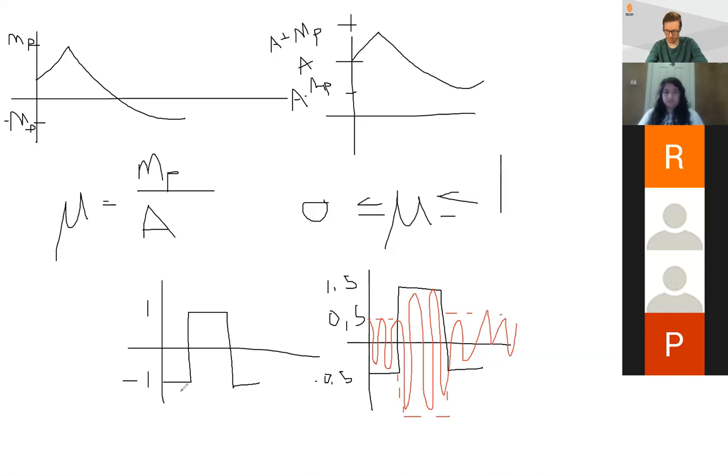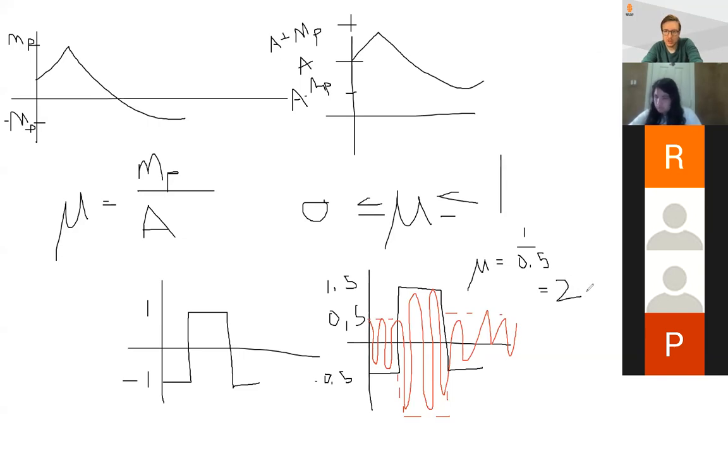So if you're receiving a digital message like this one, you have to be able to distinguish between the -1 and the +1. This one has some distortion, and actually we can even calculate this. In this case, A was 0.5, so mu is equal to 1 over 0.5, so it equals 2.